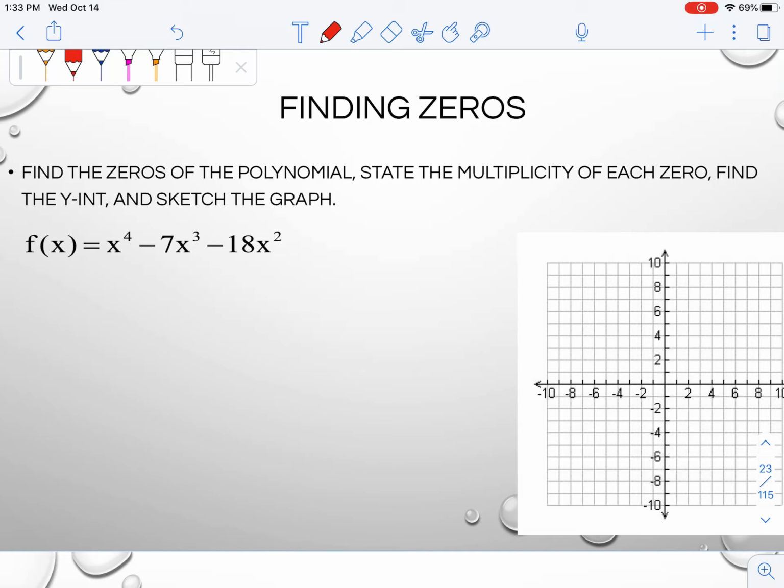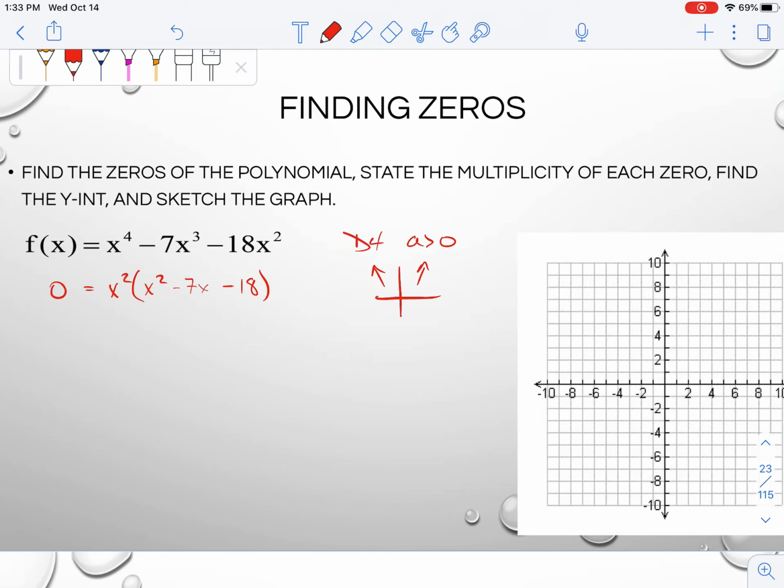Before I even do that, I know it's in standard form, so I have a degree 4. A is positive, so I know that my end behavior is again going to be up and up. Now let's go back to my GCF. I want to solve this. In this case, I have a GCF of x squared. I'm going to be left then with x squared minus 7x minus 18.